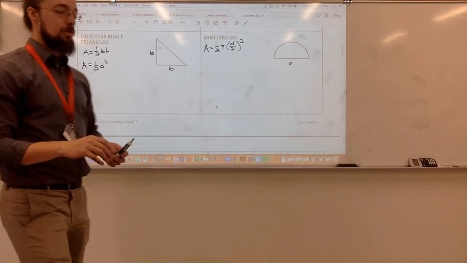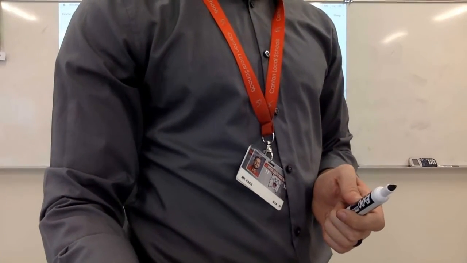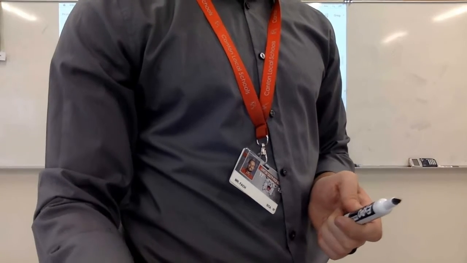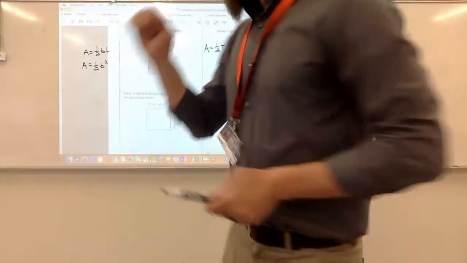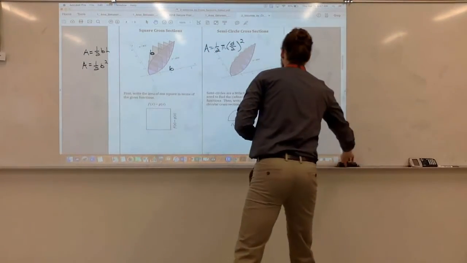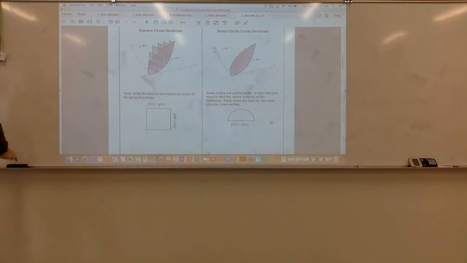All right. So let's do some calculus then. I guess first, we want to think about writing a formula in terms of the area of one of these cross sections.